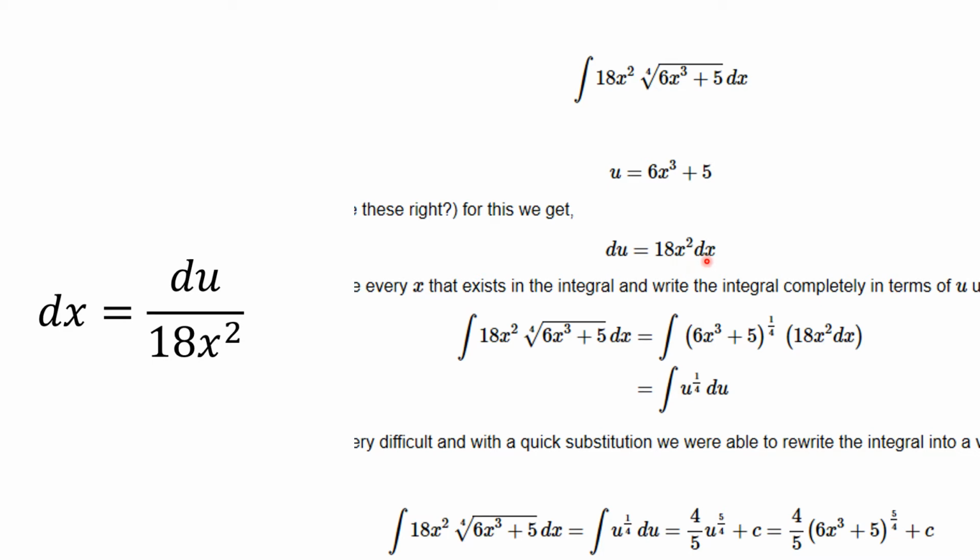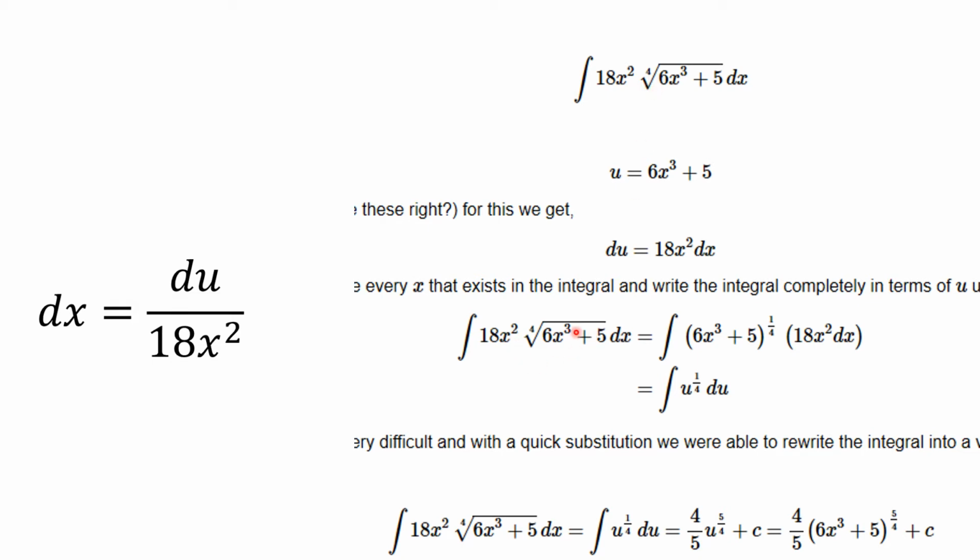And in my class, students often like to solve for the dx. And so dx would be equal to du over 18x². So if I substitute this for dx, what will happen is that the 18x² will cancel. Magic happens. It is gone. And here I have u raised to the 1/4 power.